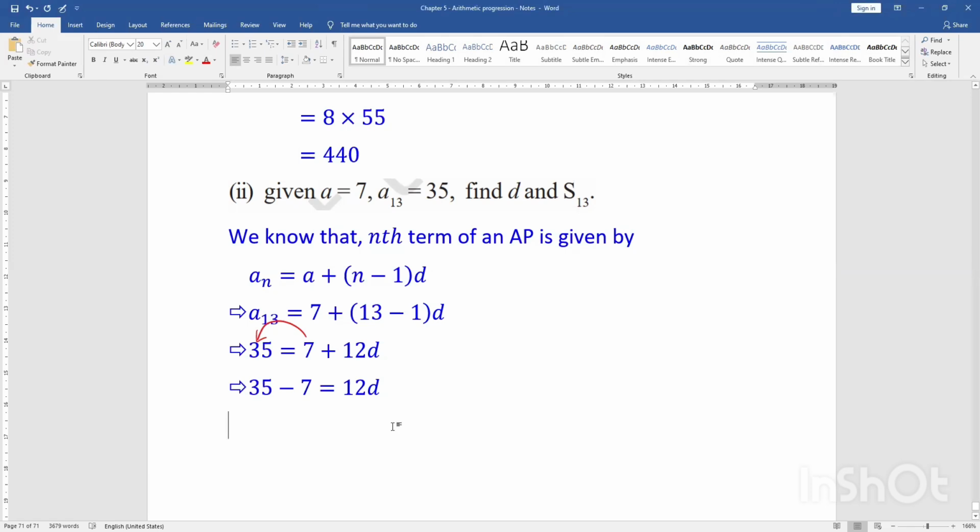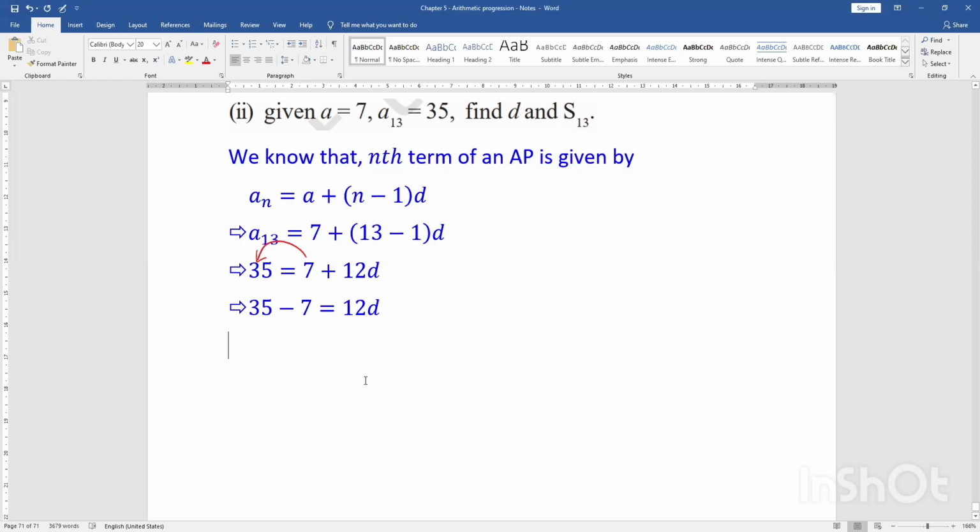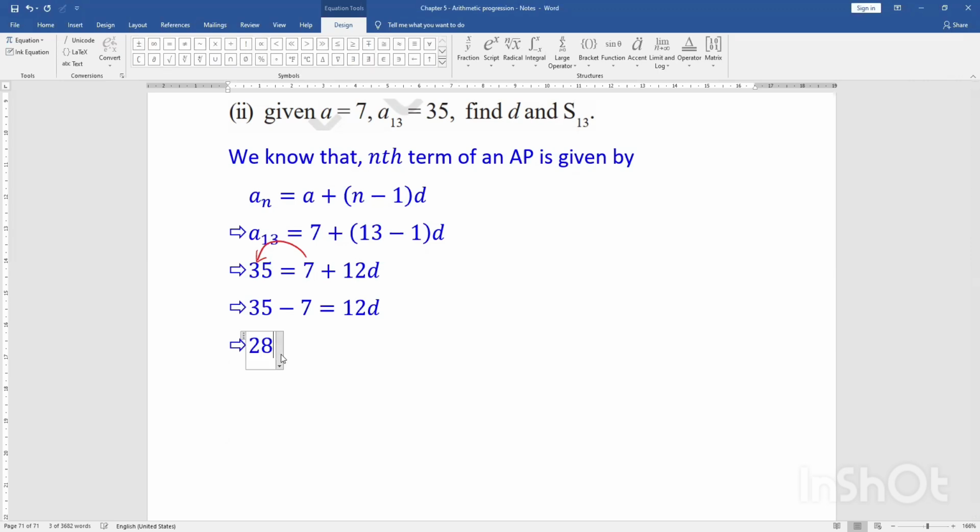Then it means now 35 minus 7, or it's equal to, so 35 minus 7, how much is it? It is 28. 28 equals 12d.